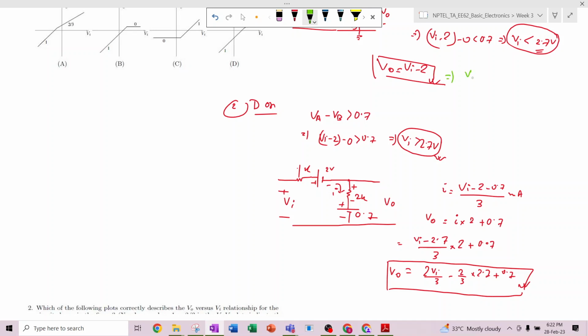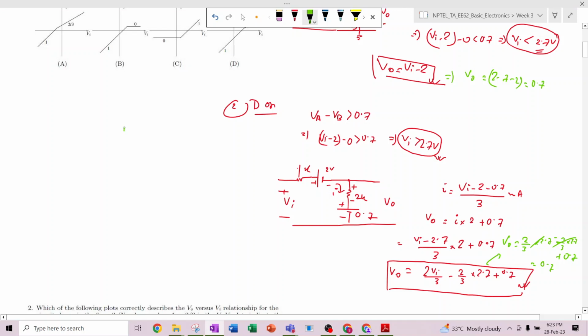If we put it in this one, VO will be 2.7 minus 2, which is 0.7. And here also, VO equals 2 by 3 into 2.7 minus 2 by 3 into 2.7 plus 0.7. These two cancel out, so it is 0.7.